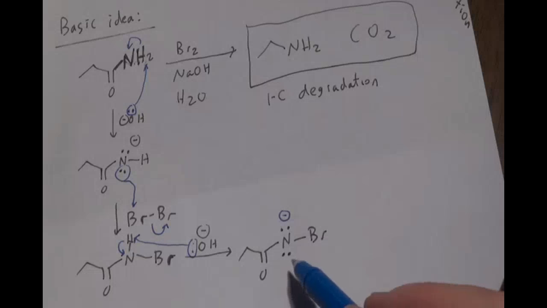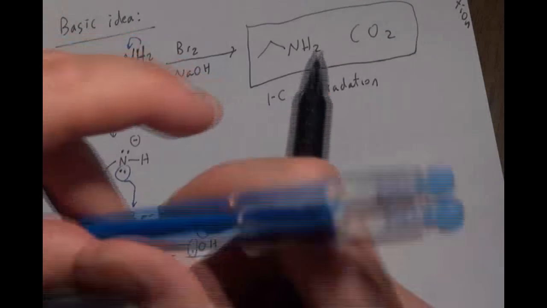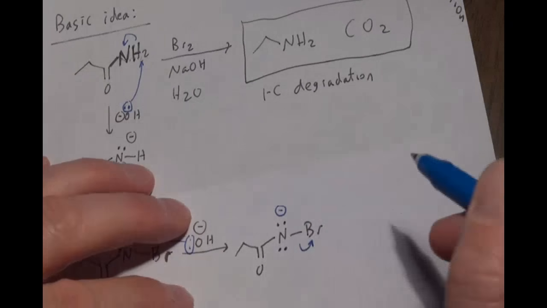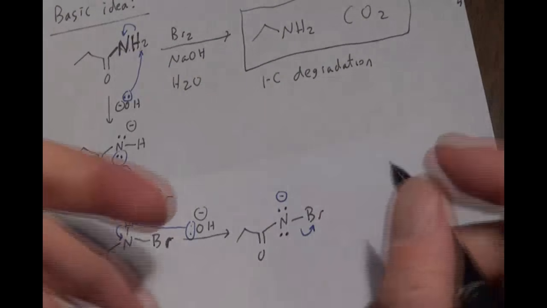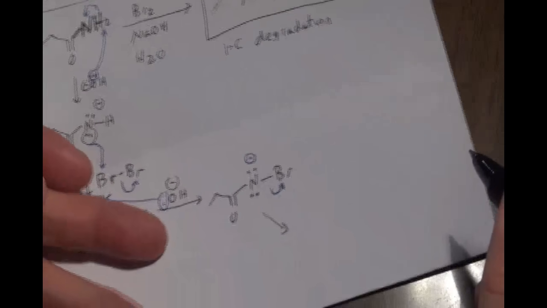When you have this situation, a leaving group on a negatively charged atom, the leaving group just departs. So that's actually not that weird. What's weird will happen next, and I'm going to go downward here just for space.